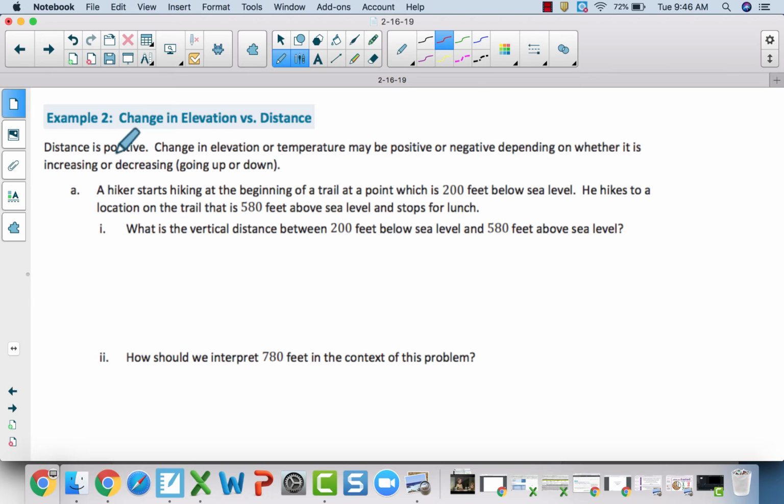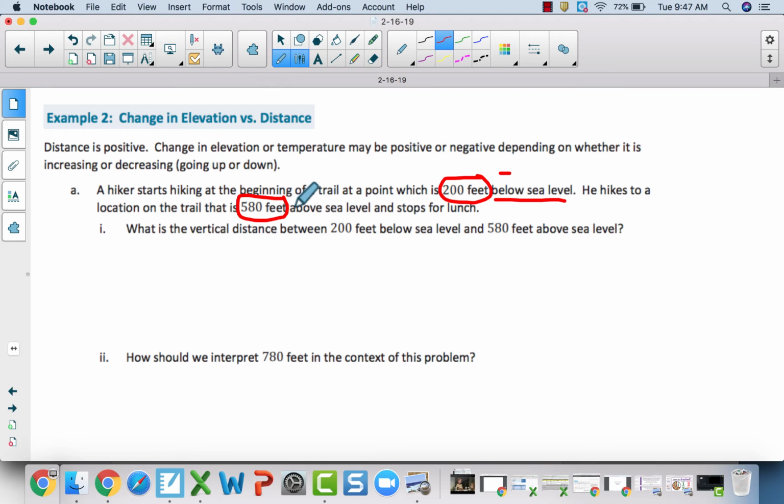So let's look at A here. A hiker starts hiking at the beginning of a trail at a point which is 200 feet below sea level. So below sea level is going to tell me that is a negative value. He hikes to a location that is 580 feet above sea level.